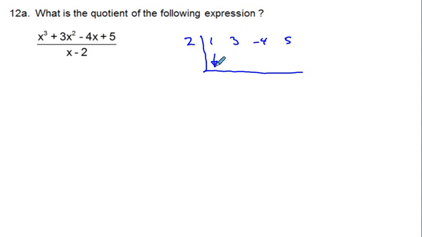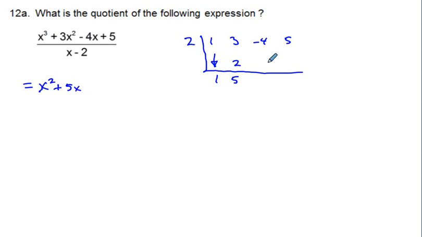So we bring down the 1. So our answer is going to be x squared, as in 1x squared. Then 2 times 1 is 2. 3 plus 2 is 5. So this is going to be the x place, 5x.